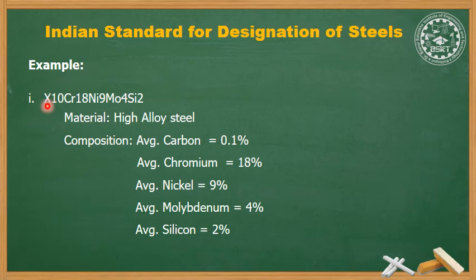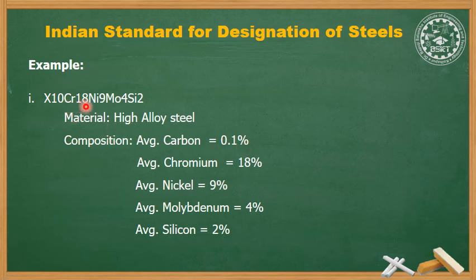As it starts with X, our material will be high alloy steel, and the designation is interpreted as below. This 10 is 100 times the percentage of carbon, so divide this 10 by 100, you will get 0.1. So the percentage of carbon will be 0.1%.